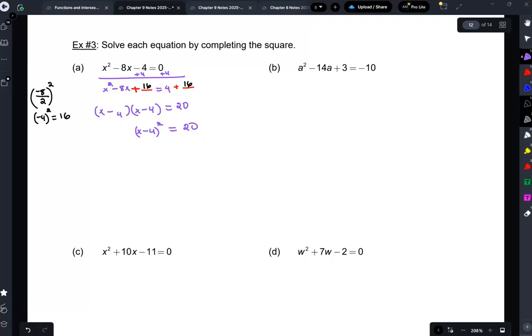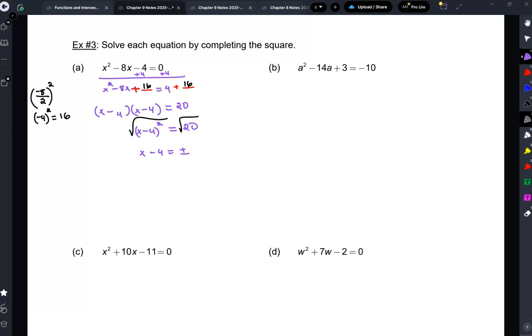Now, take a square root. X minus 4 equals what? Plus or minus root 20.